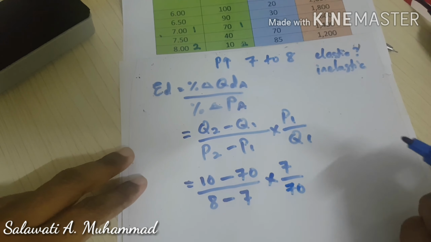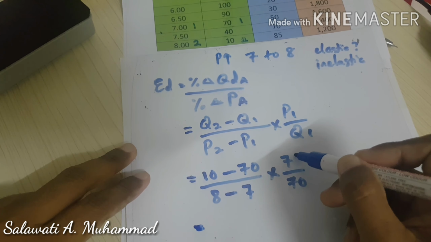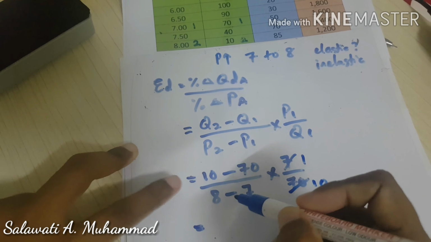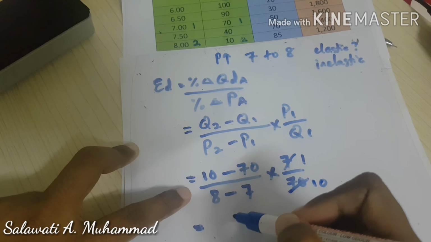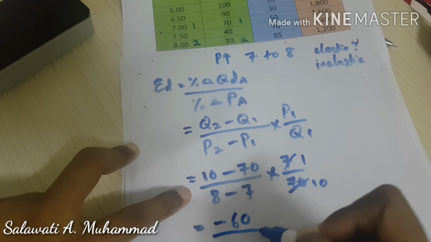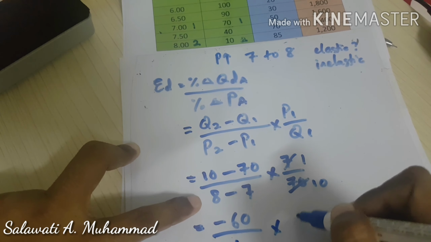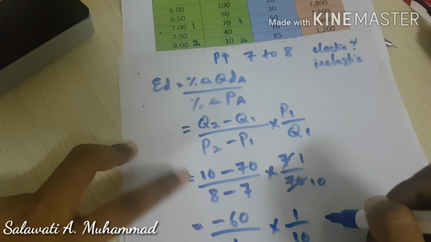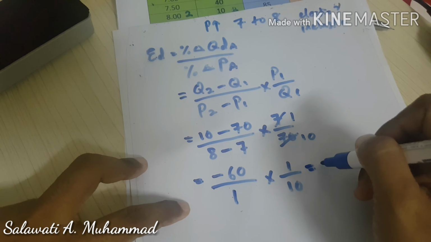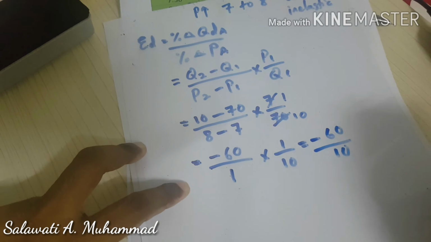So we simplify this equation. 7 becomes 1, 70 becomes 10. Here 10 subtract 70 is negative 60. 8 subtract 7 becomes 1, times 1 over 10. So we solve it and we get negative 60 over 10.